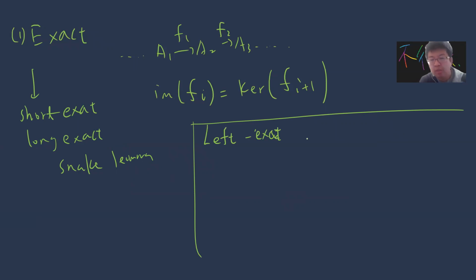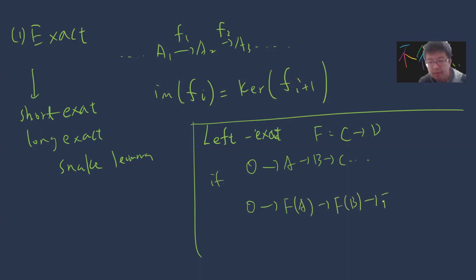And you can talk about the idea of left exact in the category. In the abelian category, because you already have exact, for example, for a functor F from C to D, left exact means that suppose you have some exact sequence like this, if F is left exact, it means that applying F it is still exact. If this is exact, and this is exact, these are called left exact.